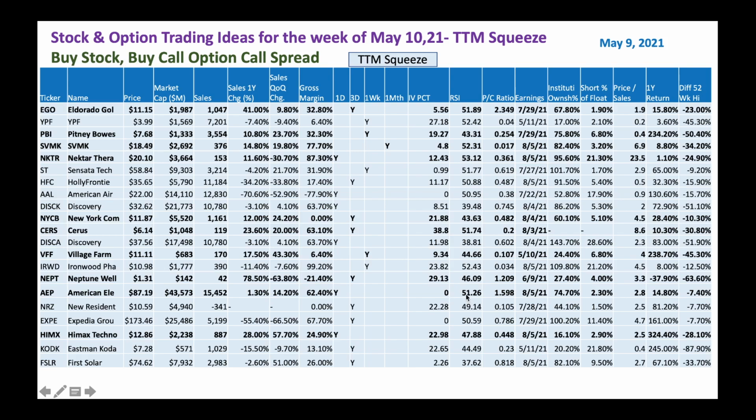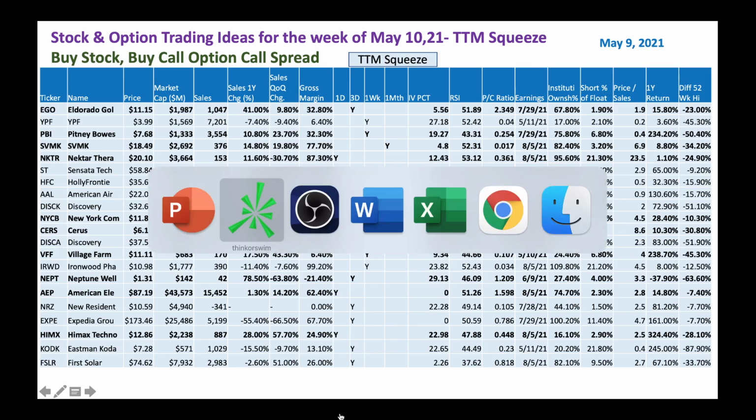And RSI is 51, a little bit higher, but it's okay. As you scan through this, they've done 14% for 1 year. I think many of these utilities are a little bit beaten down at this point. And earnings, they are done with the earnings. It's 8.5. So let's look at AEP and see if there's a setup here.